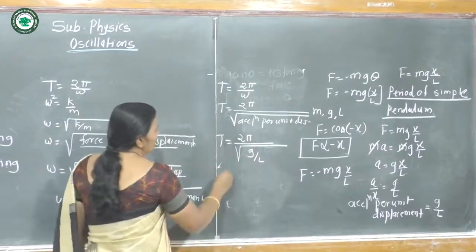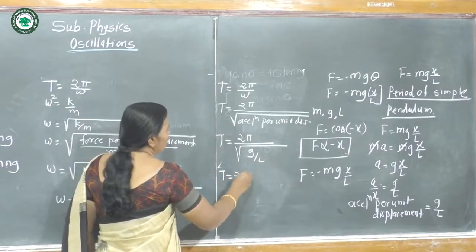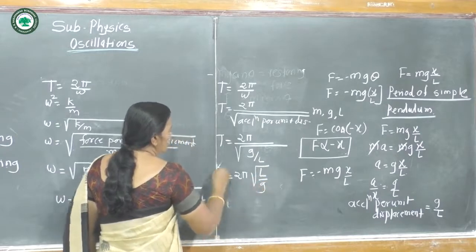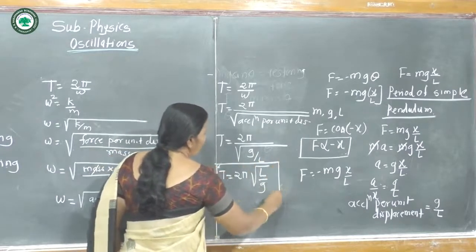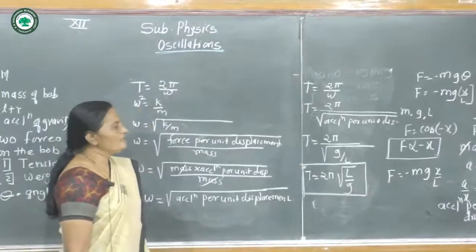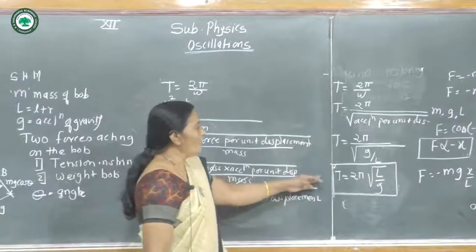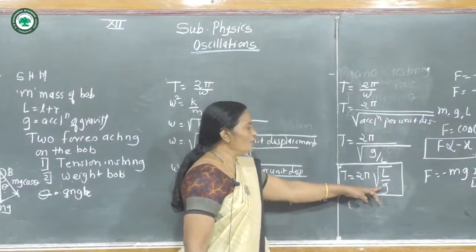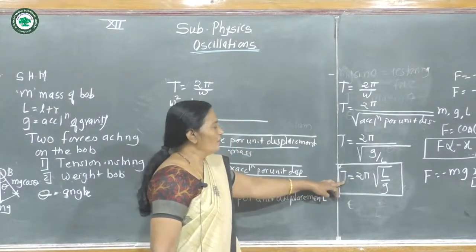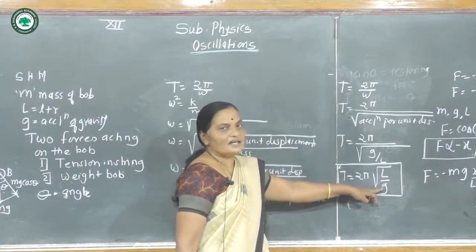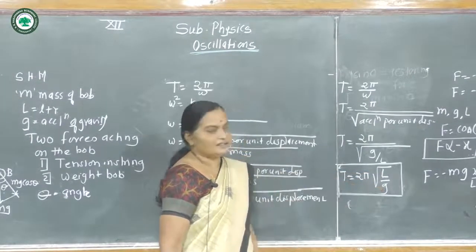Then T is equal to 2 pi under root L upon g, which is the period of a simple pendulum, where T is the period, L is the length of the simple pendulum, and g is the acceleration due to gravity.